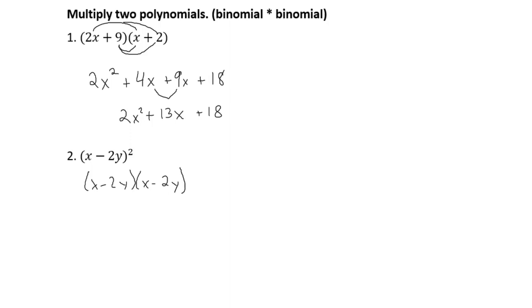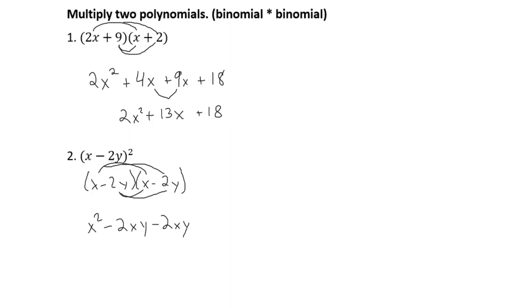And so now we can distribute the x to both terms, and then we'll distribute the negative 2y to both terms. So x squared minus 2xy minus 2xy, and again I'm rewriting it alphabetically.